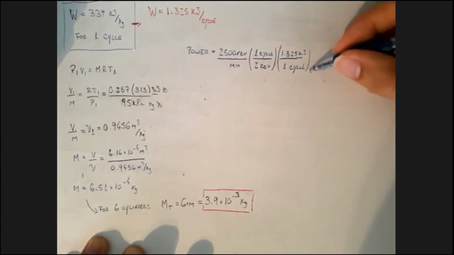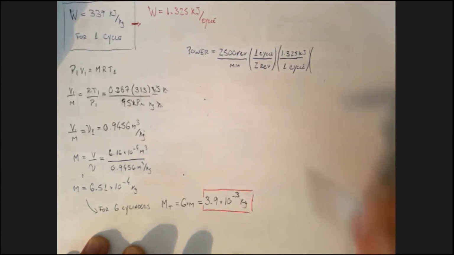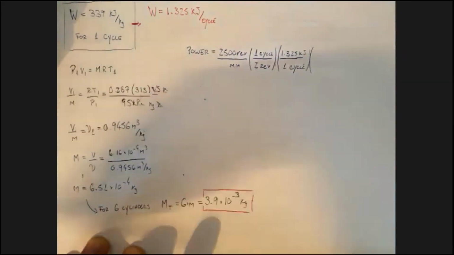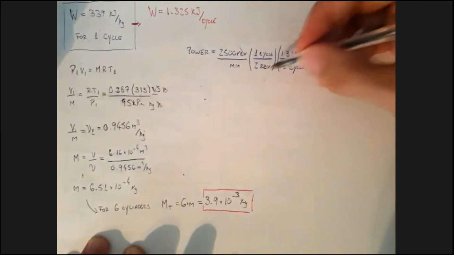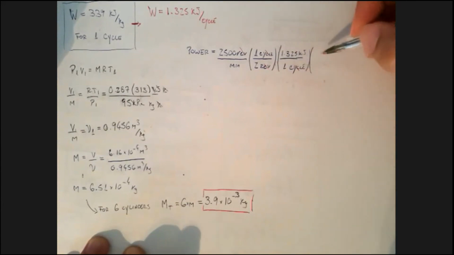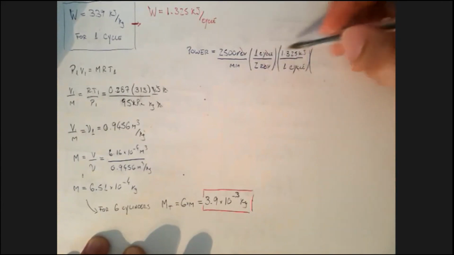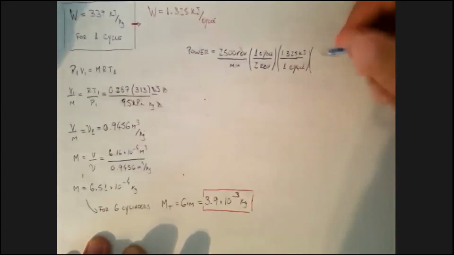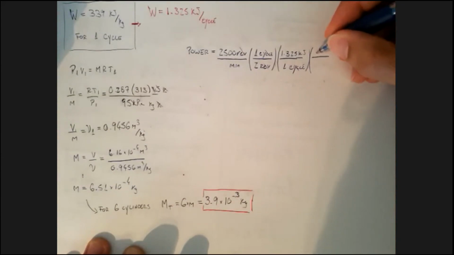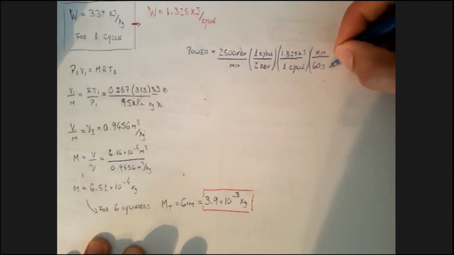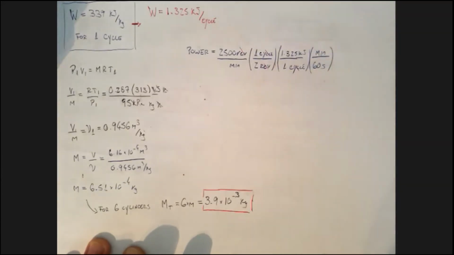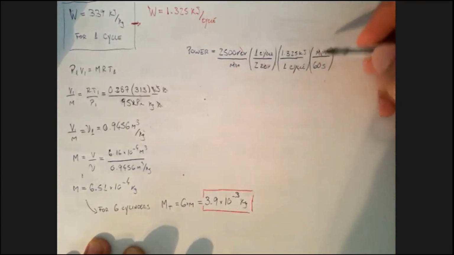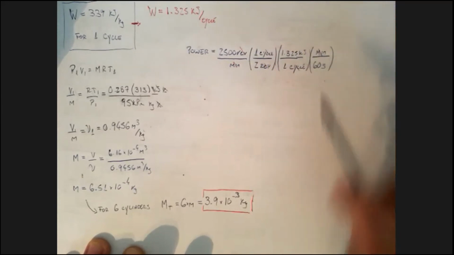If you guys notice, my revolutions cancel, my cycles cancel, and I'll be left with kilojoules per minute, which is no good, right? We want the answer in kilowatts, so I'm going to transform my minutes into seconds. I know that 1 minute has 60 seconds. So I get rid of these minutes here, and I'll be left with kilojoules per second, which is kilowatts.